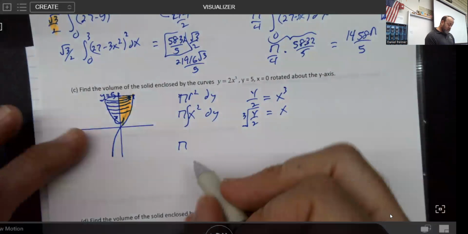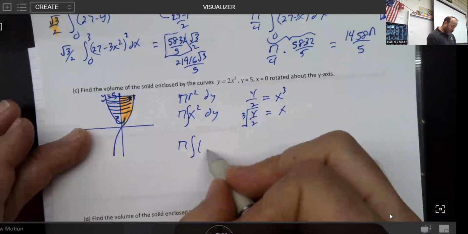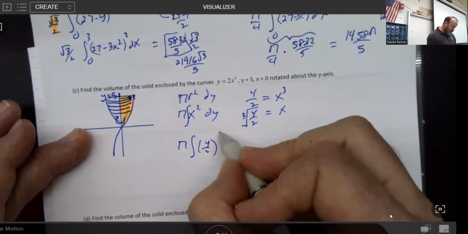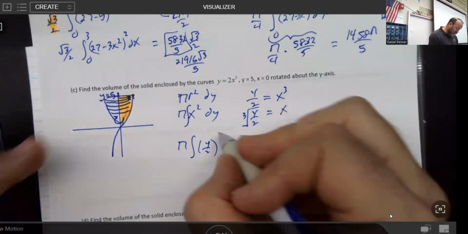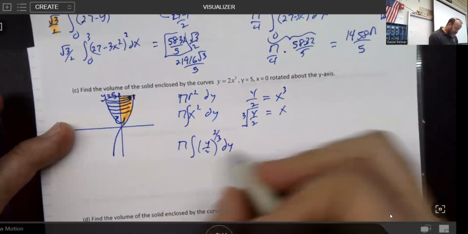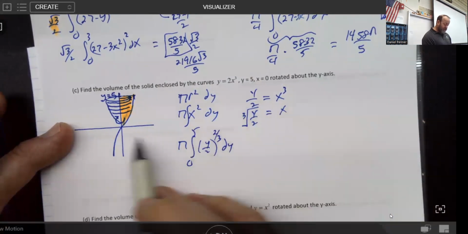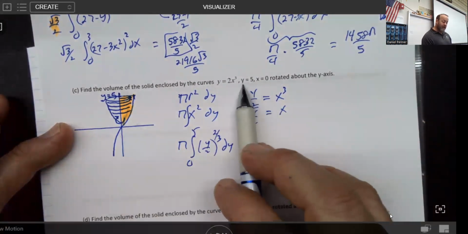So what I need to do is integrate y over 2 raised to the, in fact, it's a 1/3 power, but it's squared, so it would be 2/3 dy. And y is going from 0 to 5 because it indicates from this region, which started at 0, up until y equals 5.